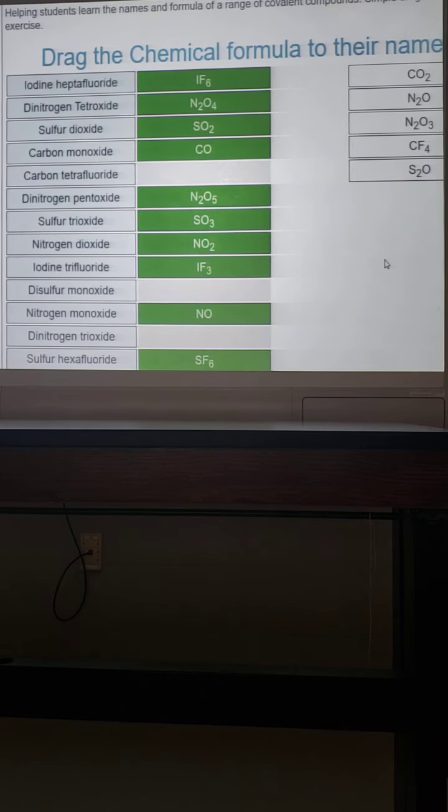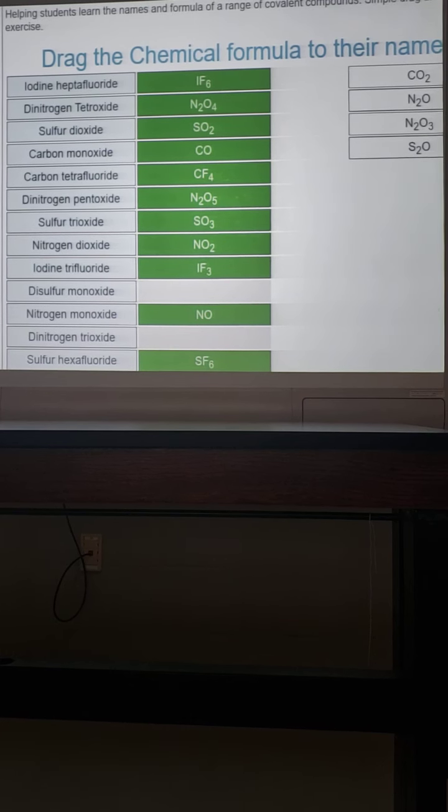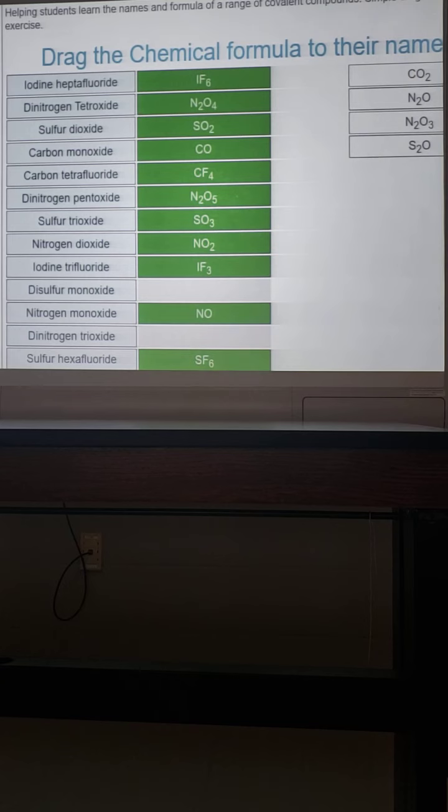You pick. Carbon tetrafluoride is CF4. Nice. So, confidence too, I love it.